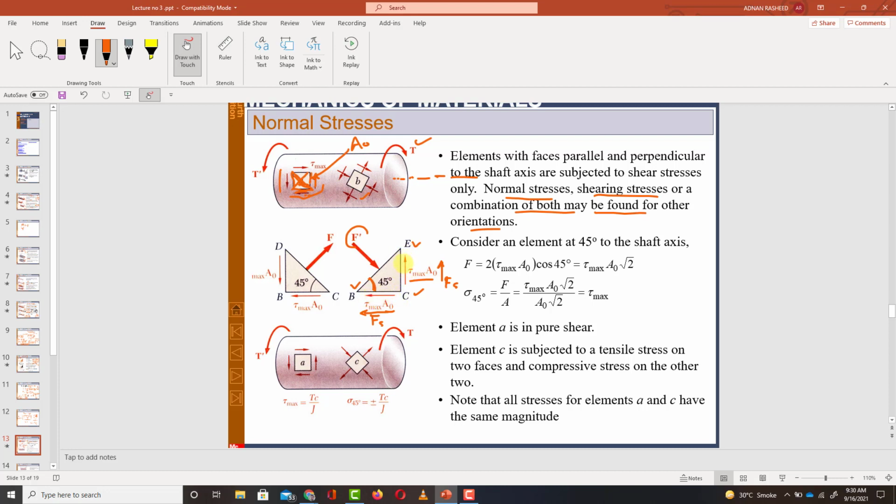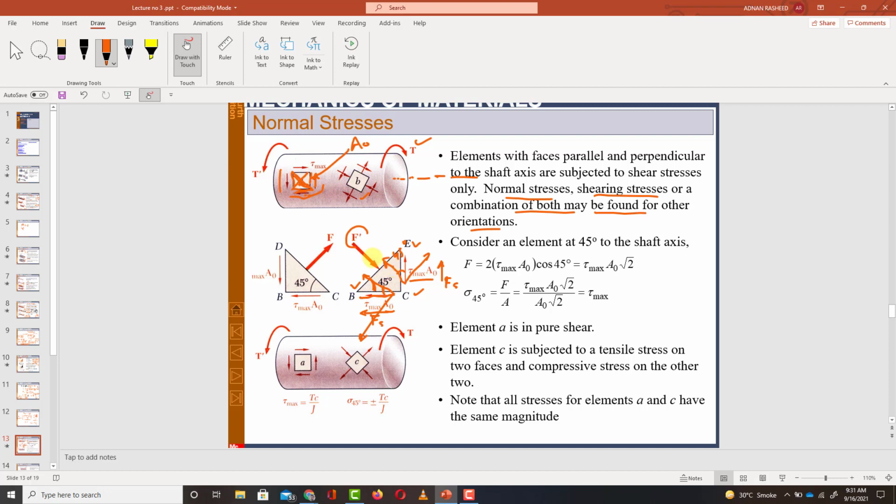So we will divide these shear stresses into components. One component will be in this direction and one in this direction. Similarly, one component of this shear force will be in this direction and the other in this direction. Now, as the angle is 45 degrees, here the angle is also 45 degrees, and this angle between this line and this line will also be 45.